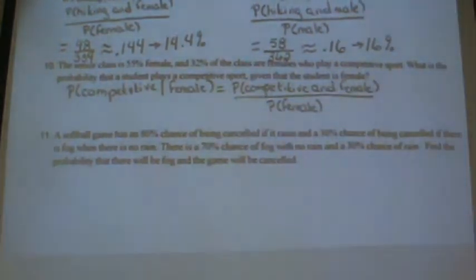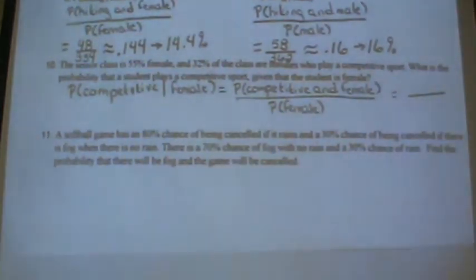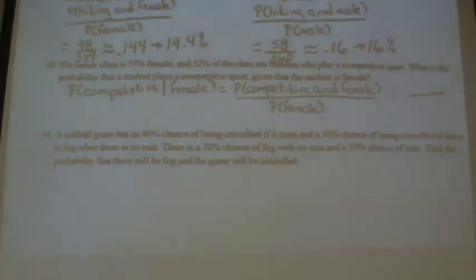So from our problem, we're told that the senior class is 55% female. So that's our probability of being female. And we can leave that as a percentage, or we can change it to a decimal, either way. So we'll leave it as the 55.